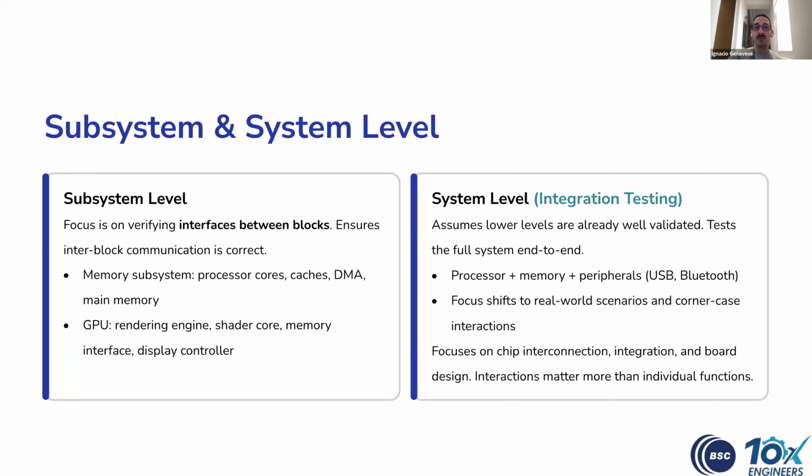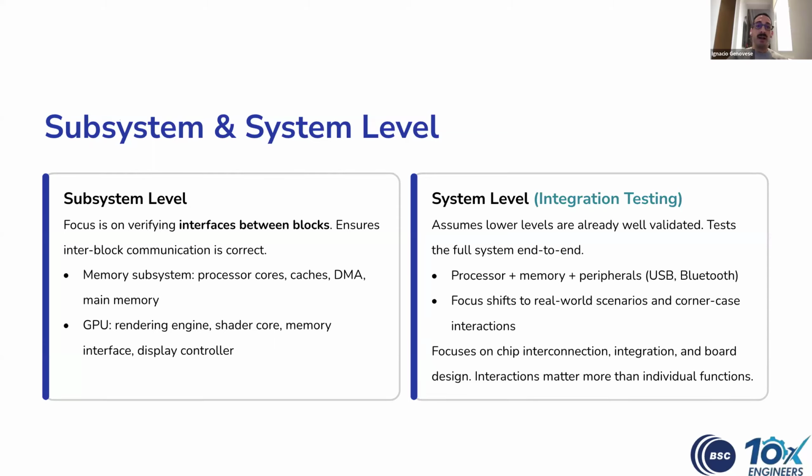Here we run actual software workloads on our design. The assumption at this level is that lower levels are already well validated. So, for example, system level testing is not meant to find bugs in an ALU. It's for finding integration bugs that only appear when everything is running together.